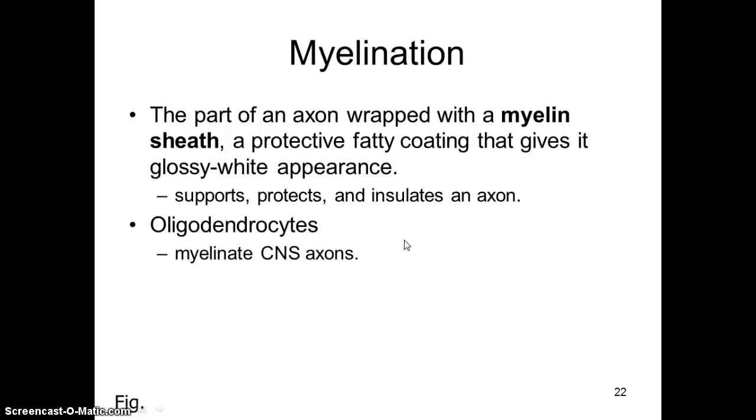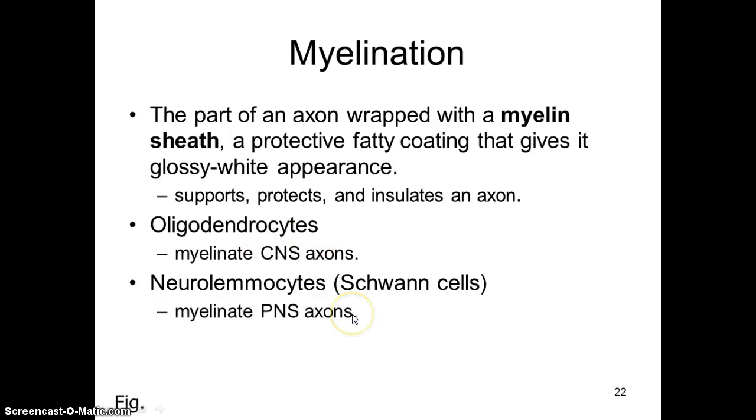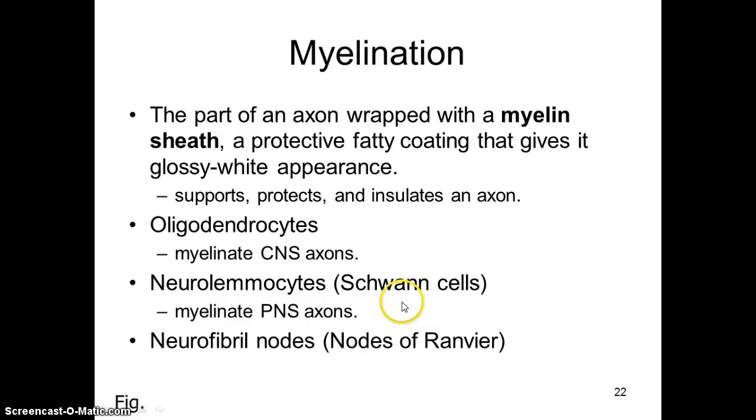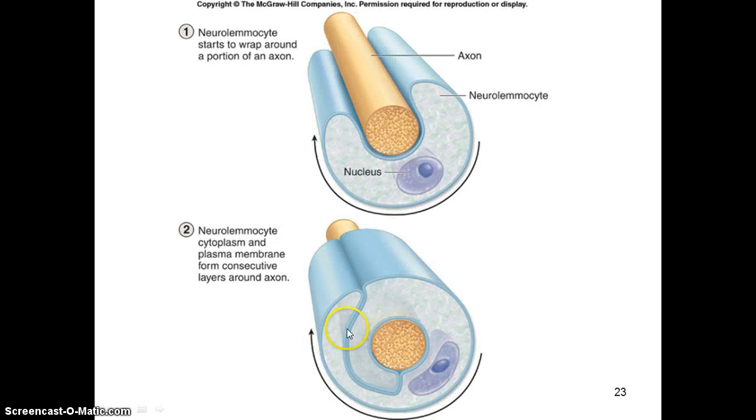So oligodendrocytes myelinate axons in the central nervous system. Neurolemmacytes myelinate axons in the peripheral nervous system. And then between the cells that provide that myelination, we have neurofibril nodes, which are exposed areas of the axons that the impulse jumps between.